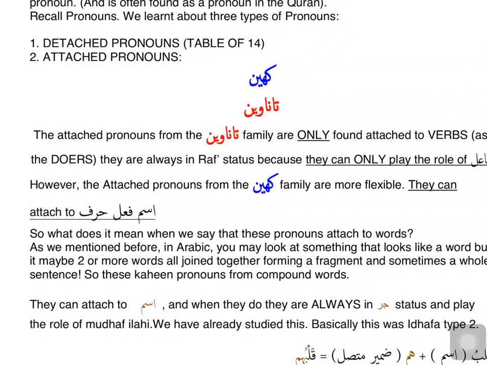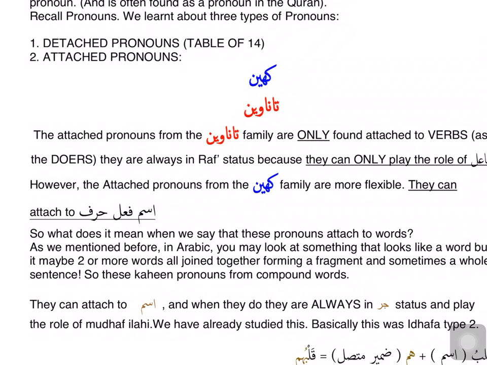There were 14 of those: huwa, huma, hum, hiya, huma, hunna, anta, antuma, antum, anti, antuma, antunna, ana, nahnu. For our purposes, we said that they will always come as mubtada. They do come as something else rarely. So let's just say when we see them, we will think of mubtada, in raf' status.